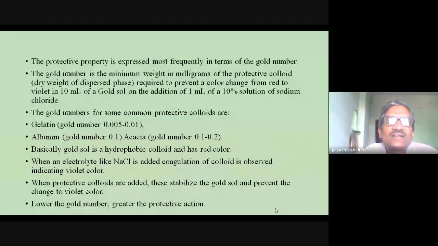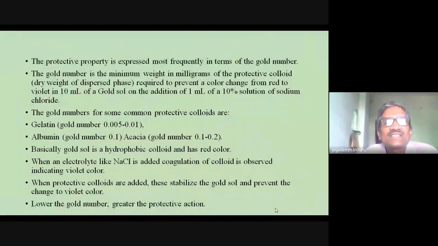So these are the gold numbers given for some of the protective colloids. They are given as a standard. For gelatin, the gold number is 0.005 to 0.01 mg. What we add for 10 ml of gold solution is this many mg. This mg is present in the colloidal dispersion of what you are adding, so this is the gelatin solution.